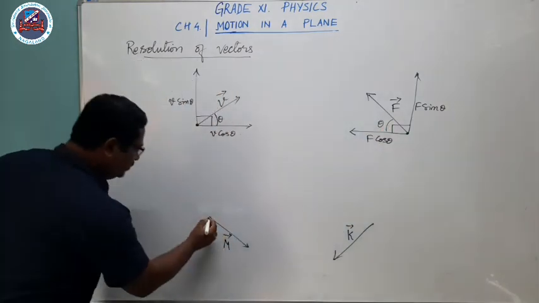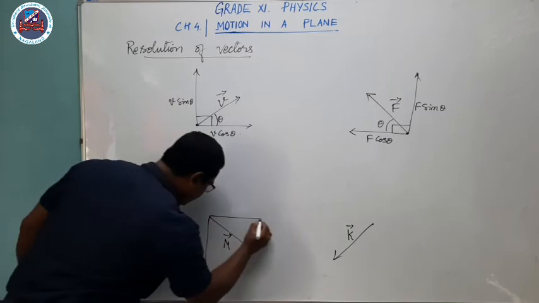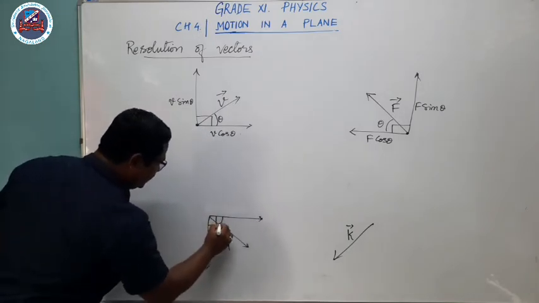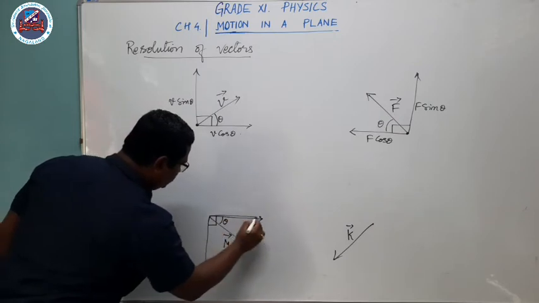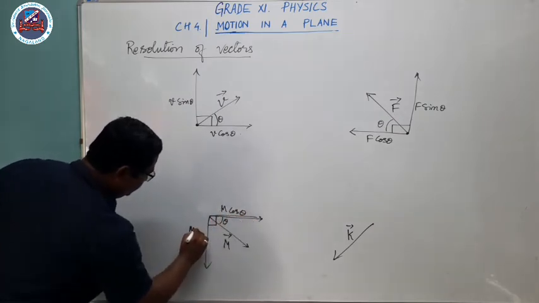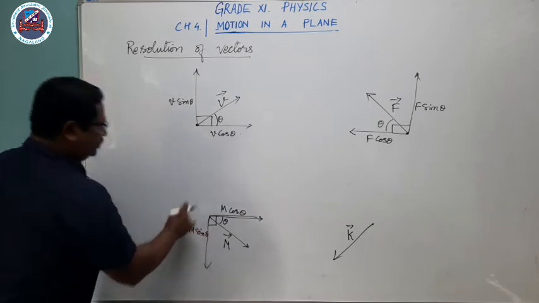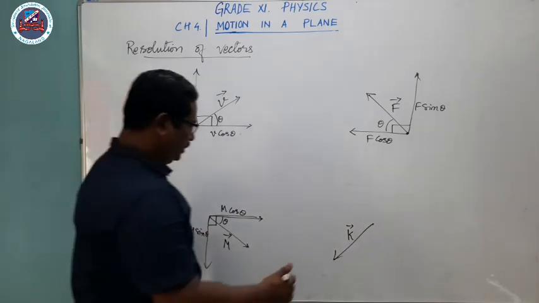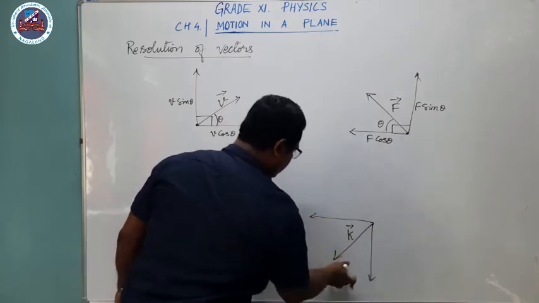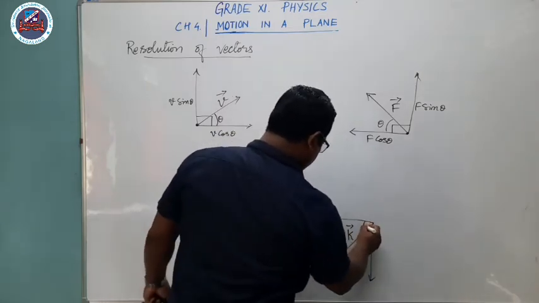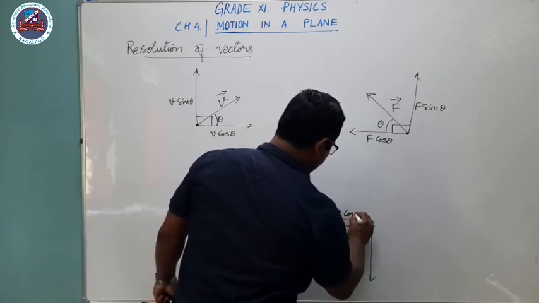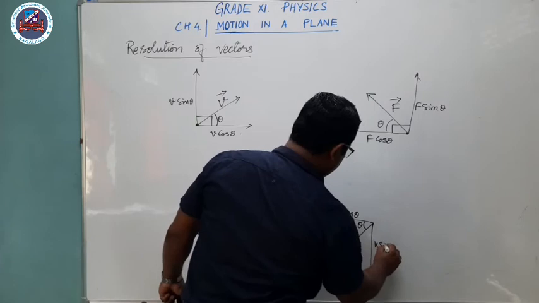The same way here, if you draw two axes at 90 degrees and mark this angle as theta, it will be m cos theta and m sin theta. This way you are going to resolve in physics later on in higher classes. Here also, at 90 degrees, it will come in the fourth quadrant. This is the angle theta, so this will be k cos theta, and this will be k sin theta.